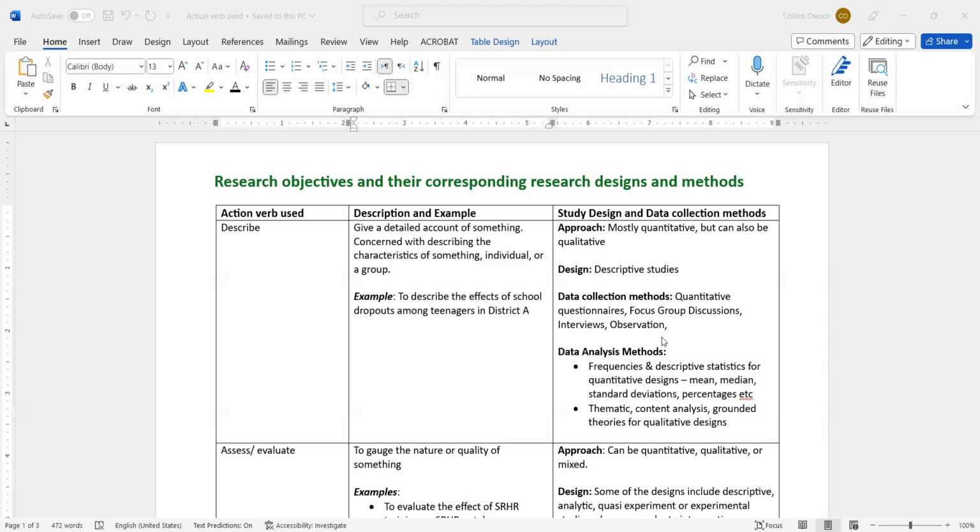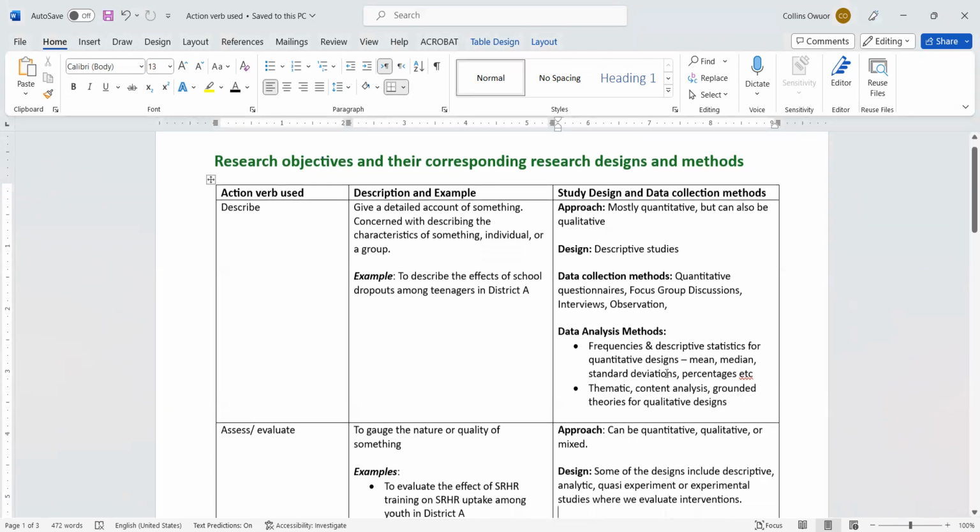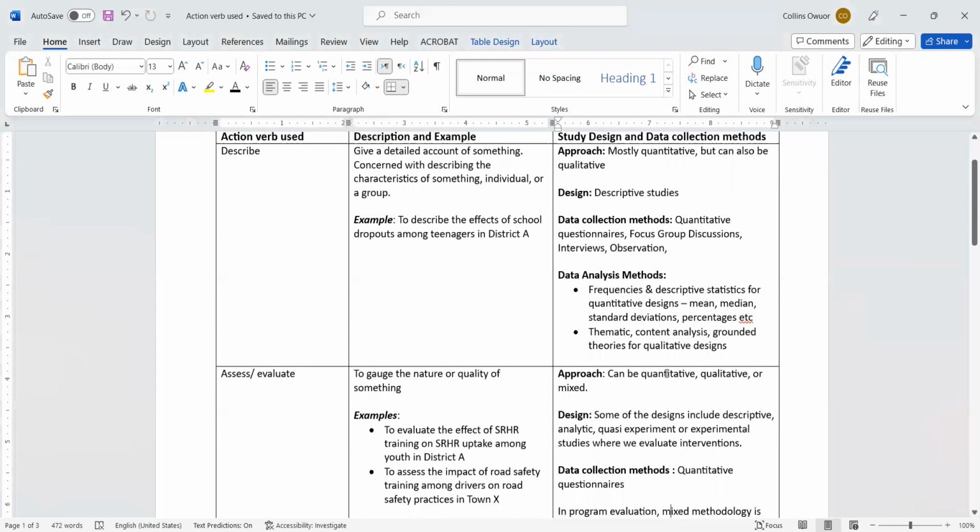Also, when we are describing in an objective, we could also use frequencies and descriptive statistics, a quantitative design. By frequencies and descriptive statistics, I mean we just give the numbers of occurrences of something. For instance, I say the prevalence of cervical cancer in Nairobi is this.